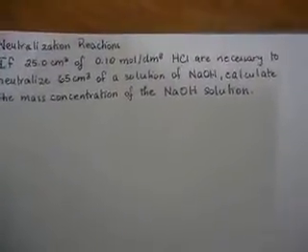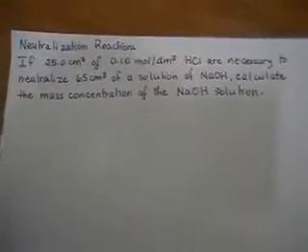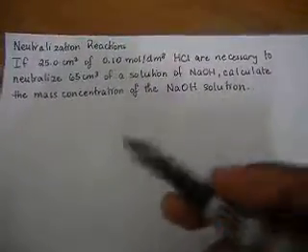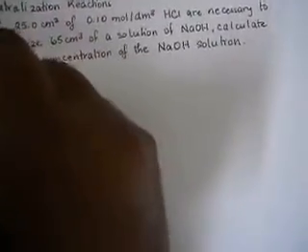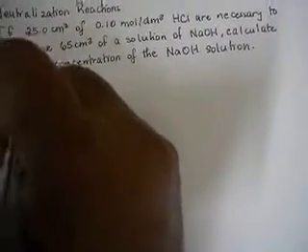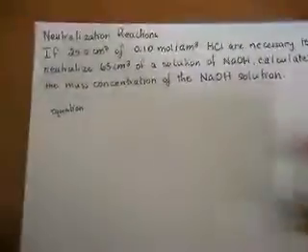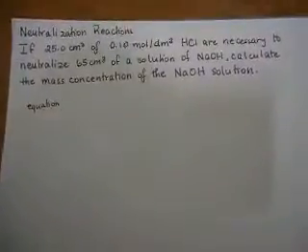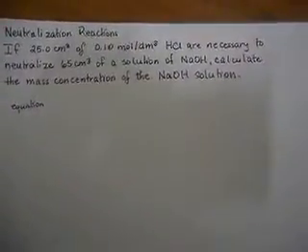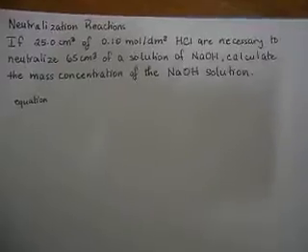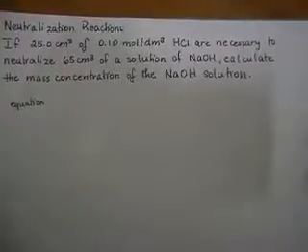Whenever you do neutralization reactions, you write out the equation first. I have here the equation, and it's neutralization, so you know water should be coming off. We have two things, a base and an acid, and they're both strong.